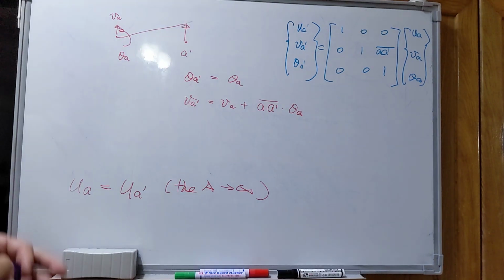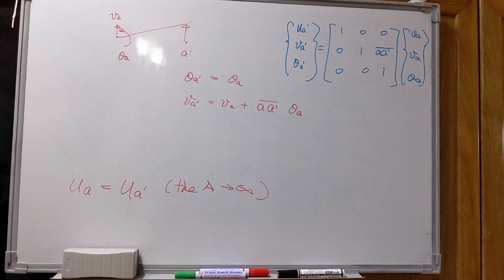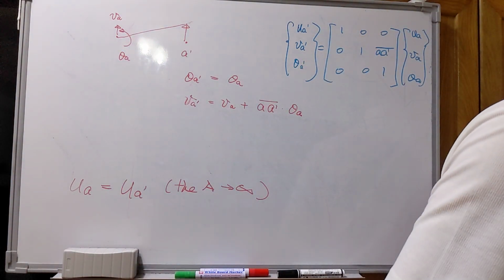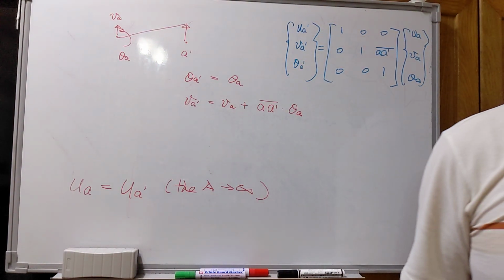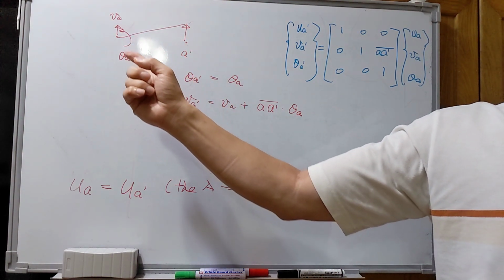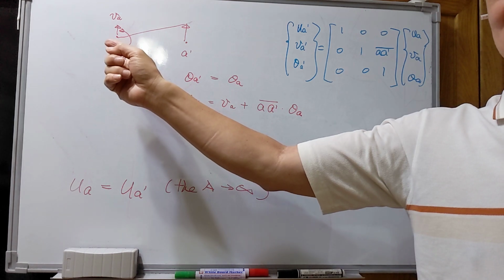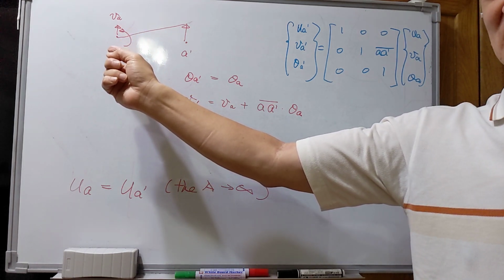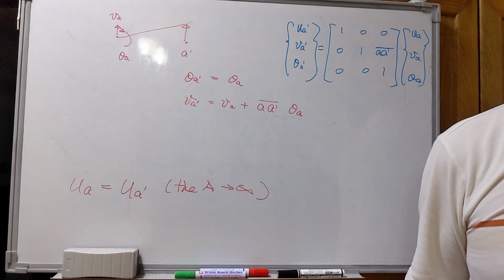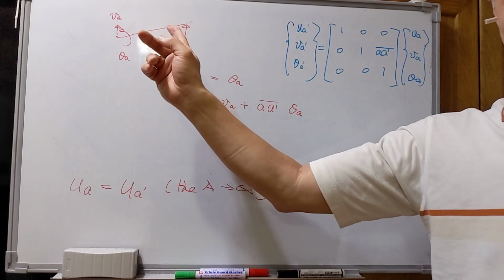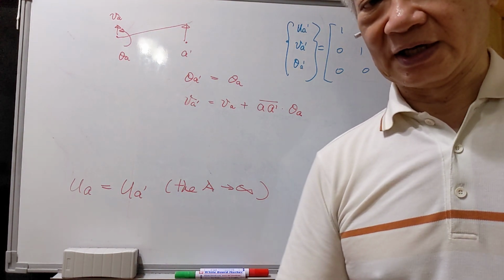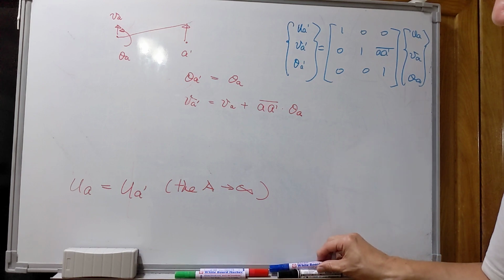That's the transformation matrix between the two points, from A to A prime. If we know the nodal displacement at point A, then we can calculate the related nodal displacement at A prime. Okay, I will take a break here and continue with the next hour.